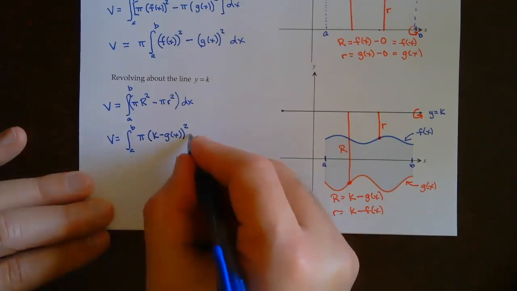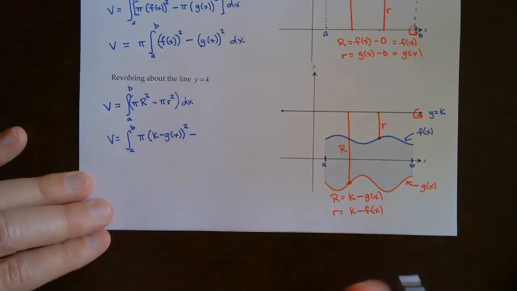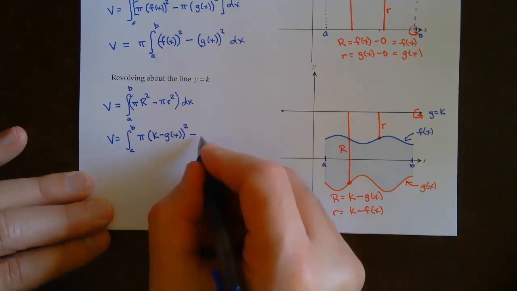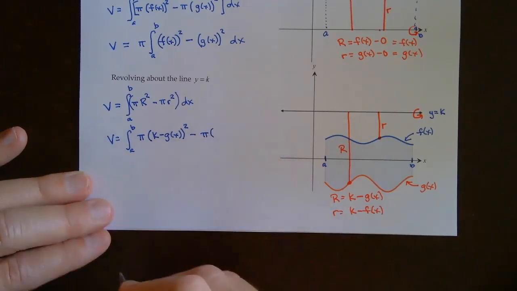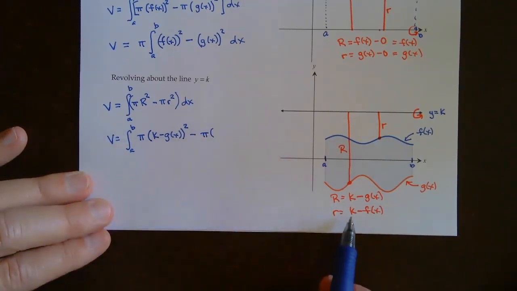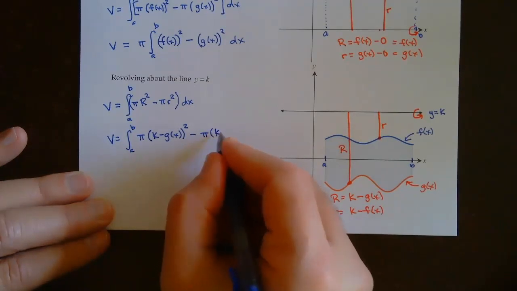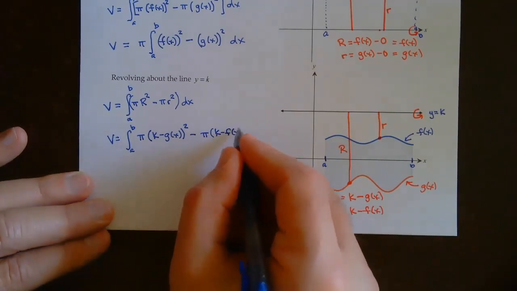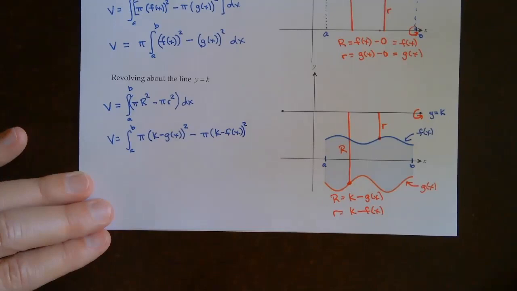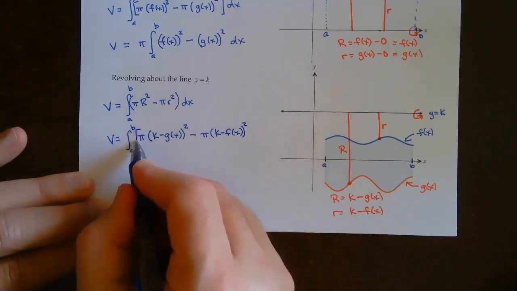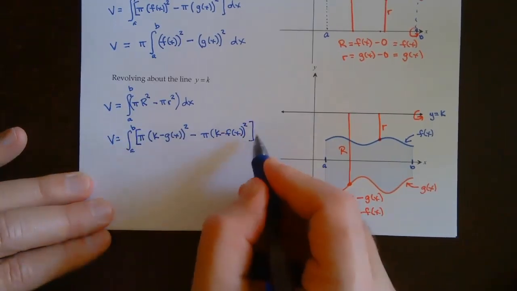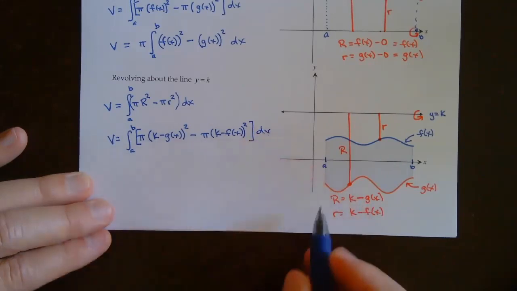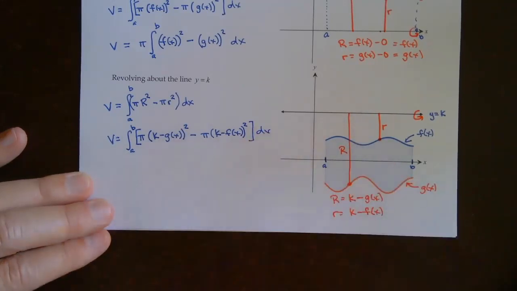And then we have to remove the inner disk, which would leave a washer. So minus pi times the inner radius, which is little r, k minus f of x squared, okay? And then we could put a bracket around this, and then dx, and that's the thickness of these. So these would go down to the thickness of just dx, okay?